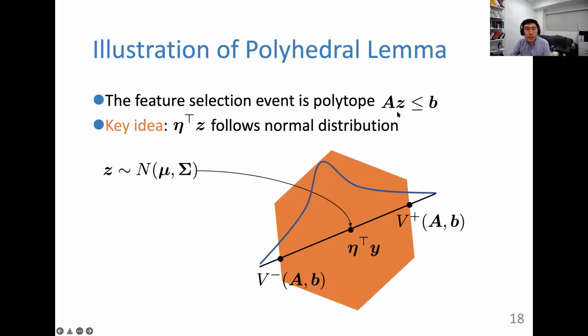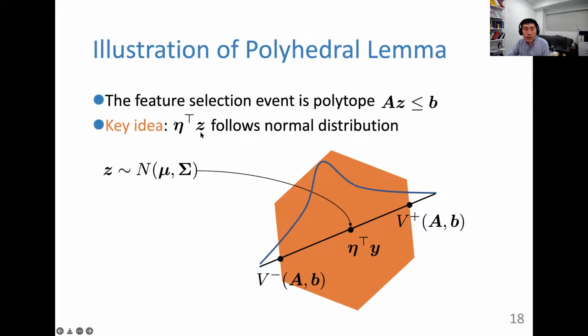Okay, so now we can characterize the feature selection event in this way for the feature ranking and Lasso case. Actually, this feature selection event is written as a polytope, because this is just a set of linear inequalities. Therefore we can form the polytope here. The key idea is this, eta transpose Z. This is the one we want to test.